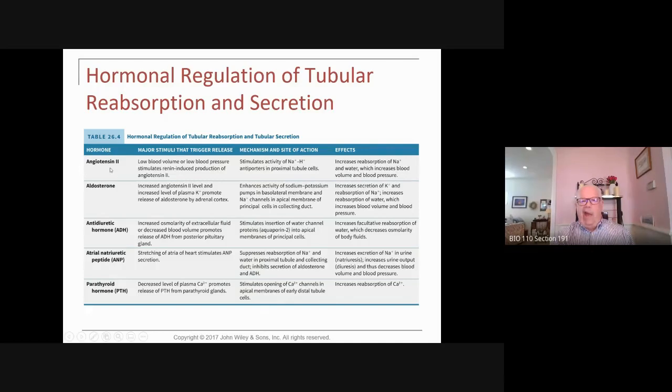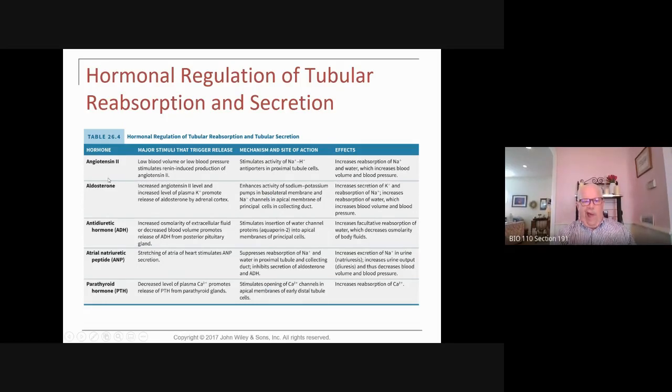In the presence of low blood volume or low blood pressure, the renin system starts and produces eventually angiotensin II, which increases the reabsorption of salt and water and increases your blood pressure. Don't worry about mechanism, that's not important.